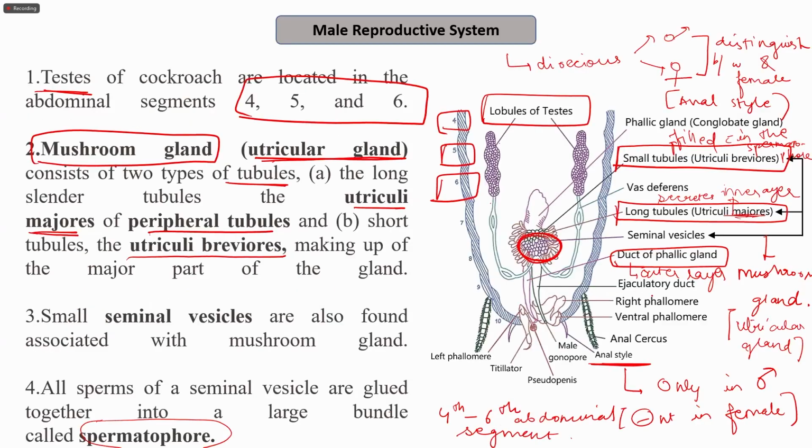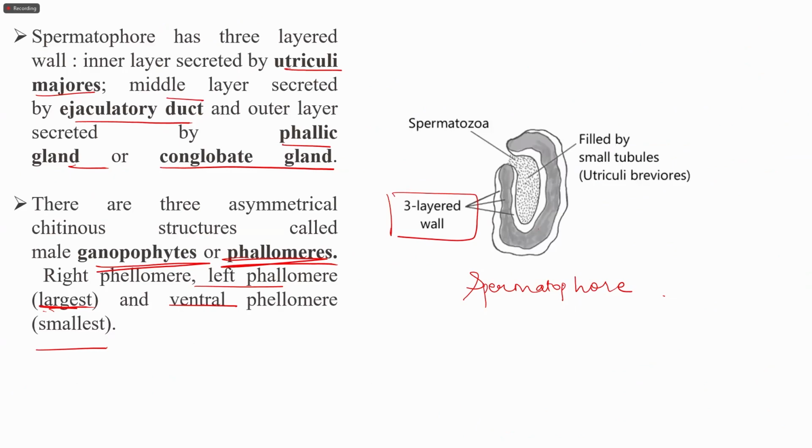You can see the different structures here: the left phallomere, the right phallomere and the ventral phallomere. These are the three asymmetrical chitinous structures that also help in attachment.